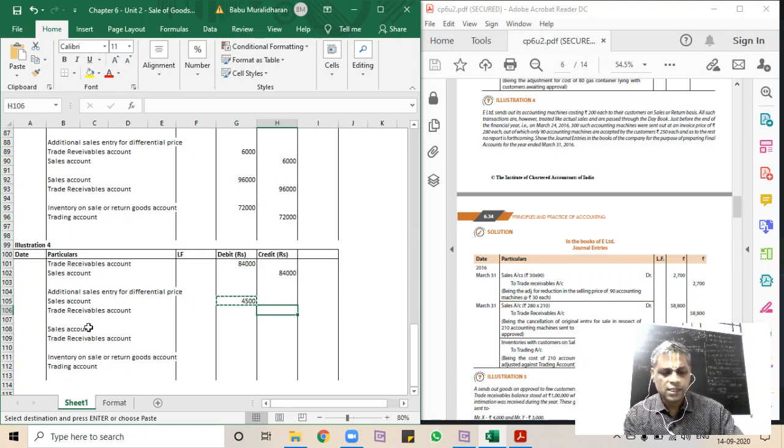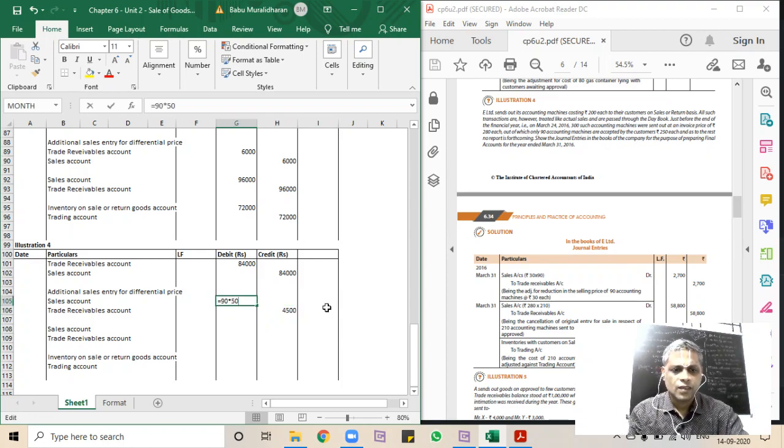So this entry has to be processed. 90 accounting machines has been processed at 250 rupees. So it is 30 rupees. Sorry. Not 50, 30 rupees. 90 accounting machines have been processed at 250 rupees, which is 30 rupees less than the output. So we are reversing the sales entry. Next, we don't have information about the balance cases, so we have to reverse the sale.